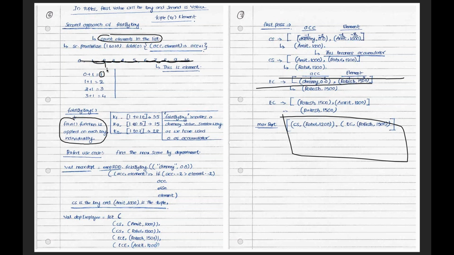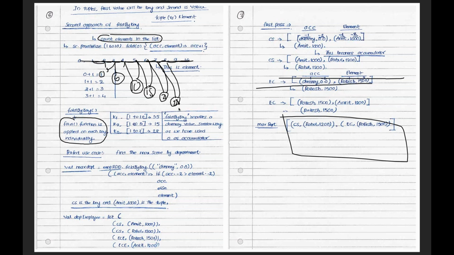So this will become the accumulator, and this will become the element. 3 plus 3, 6. 6 is the accumulator, 4 is the element, 10. 10 is the newly formed accumulator, 5 is the element, 15. 15 is the newly formed accumulator, 6 is the element, 21. 21 is the accumulator, 7 is the element, 28. 28 is the newly formed accumulator, 8 is the element. That's how it works.